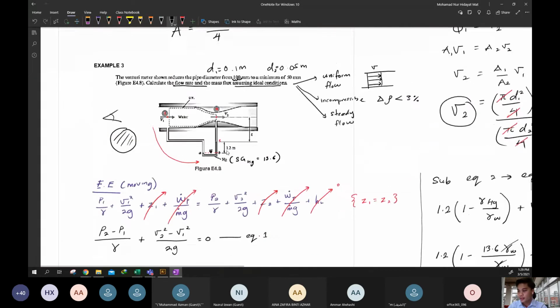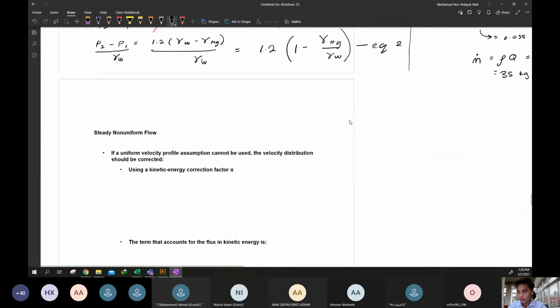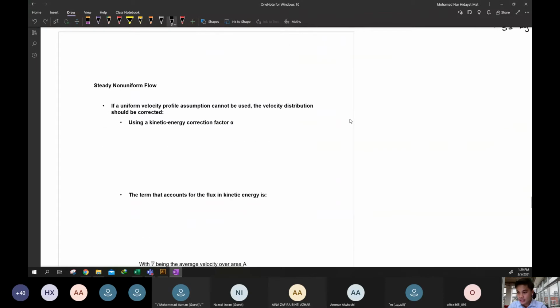Okay, the energy equation that you learned is for the ideal condition, which is uniform flow, incompressible, and steady flow. So what happens when you deal with non-steady, non-uniform flow?